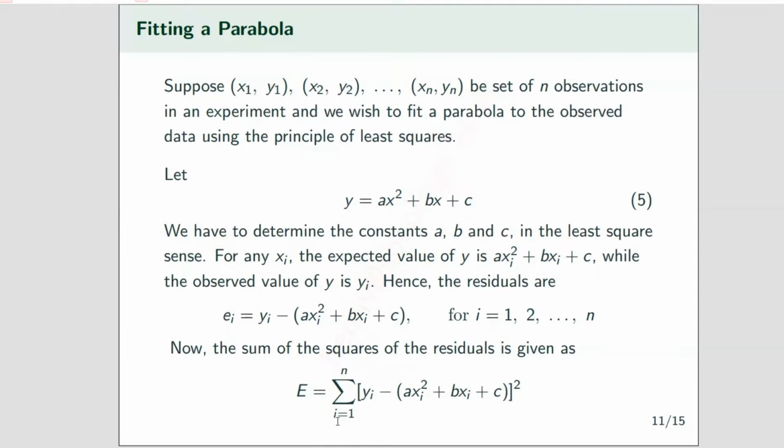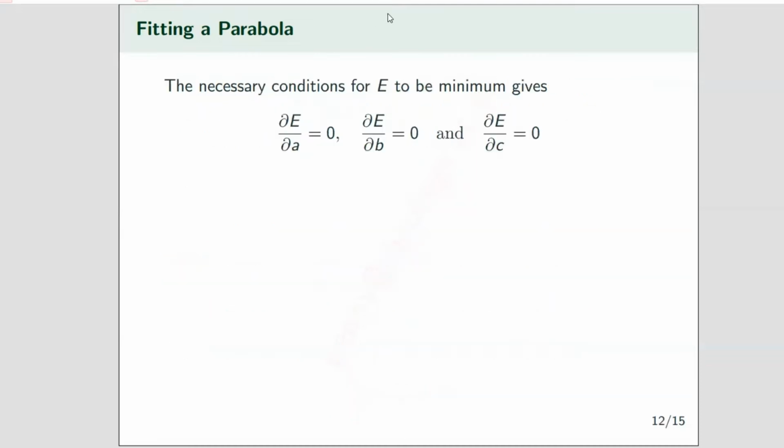We need this capital E to be a minimum. For E to be a minimum, the necessary conditions are that the partial derivatives of E with respect to the constants a, b, and c should be equal to 0. And we will use those conditions to find the constants a, b, and c.